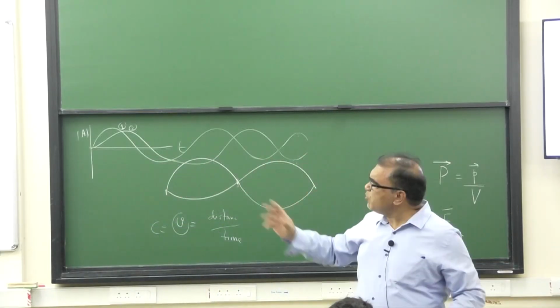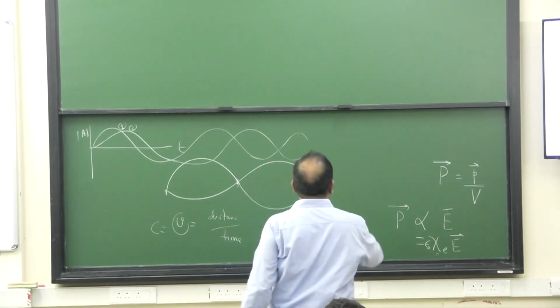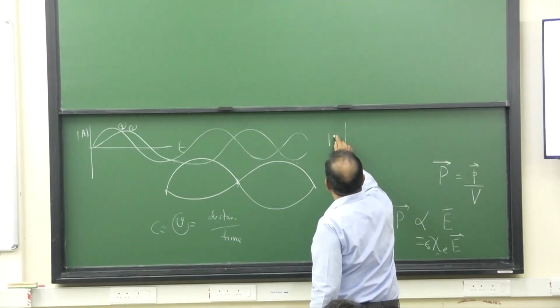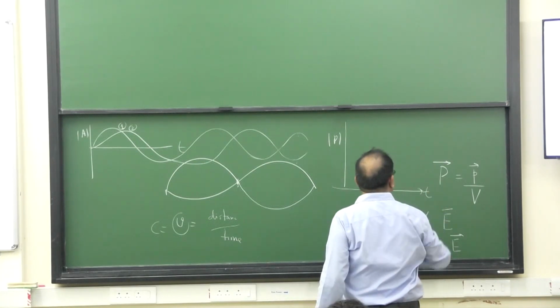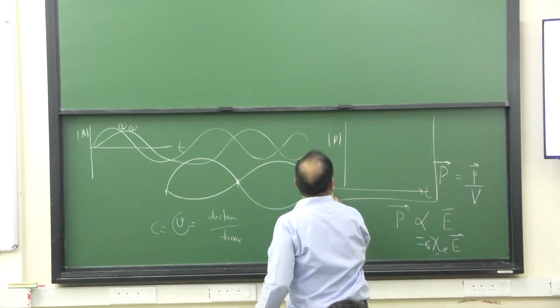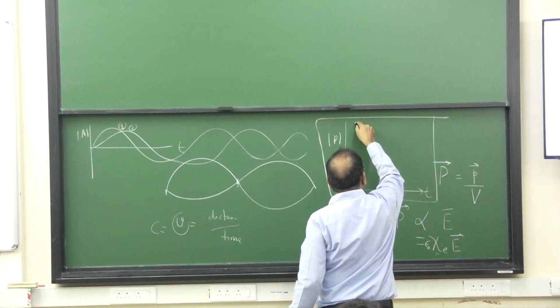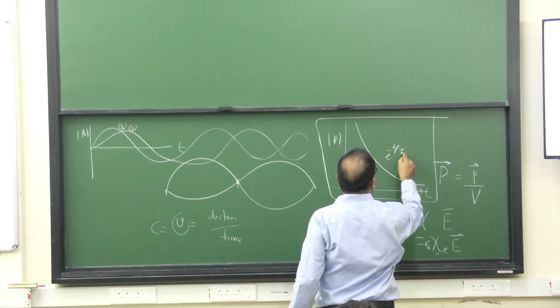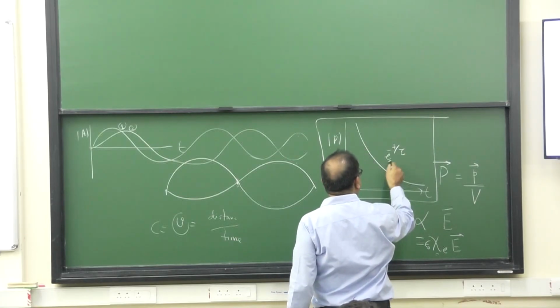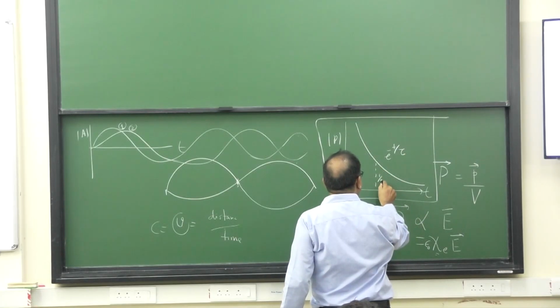The idea is that any parameter P and its plot with time follows an exponential, e to the power minus t by tau, where this tau is the time for the amplitude to fall to 1 by e.